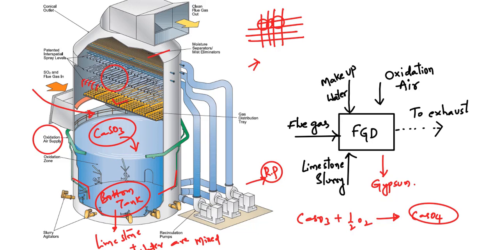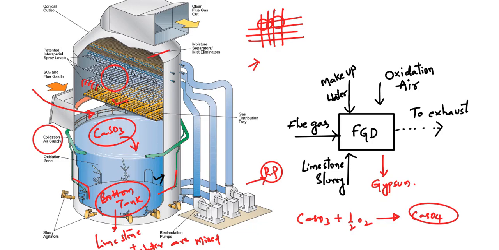Being highly dense, this gypsum deposits at the bottom of the tank. A door opening will be placed here. Through this door opening, the sludge will be collected.